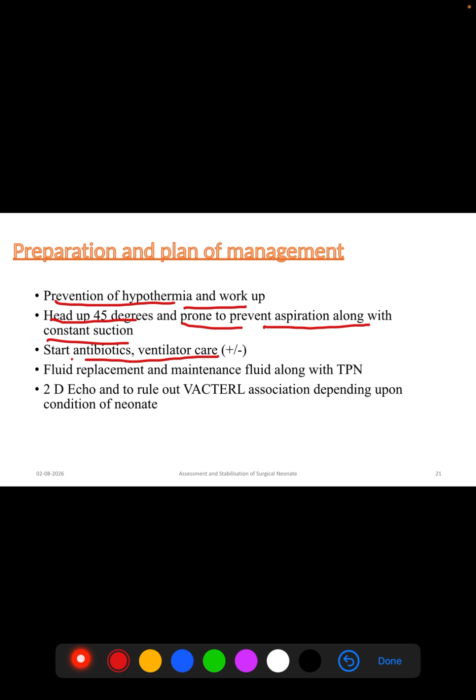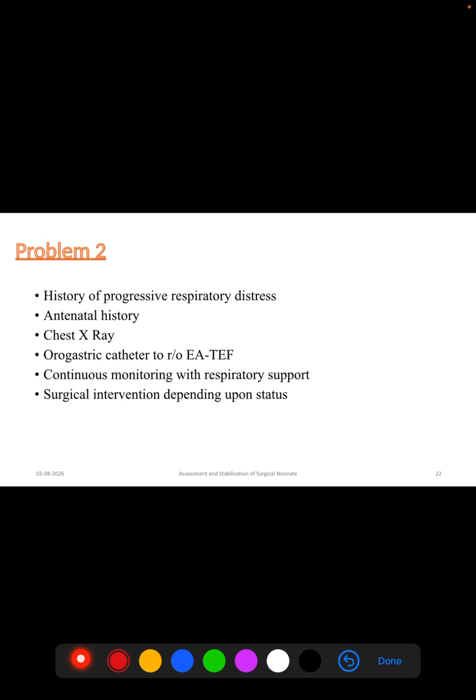Fluid replacement and maintenance fluid according to the hydration status of the baby and which day of life it is, along with TPN. Then we have to do a 2D echo and rule out VACTERL association depending upon the condition of the neonate. Then we will prepare the neonate for surgery.